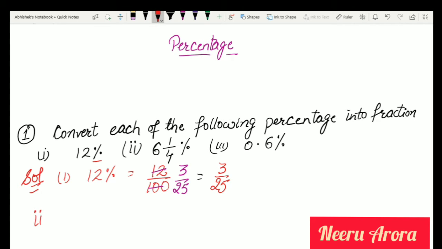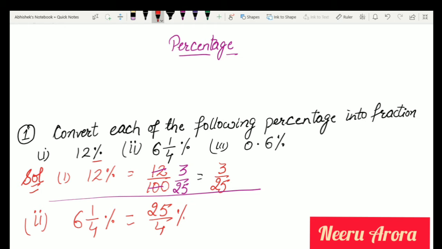Now second part, 6 1 by 4%. So first, convert this into improper form. Improper form. It is 25 by 4%.